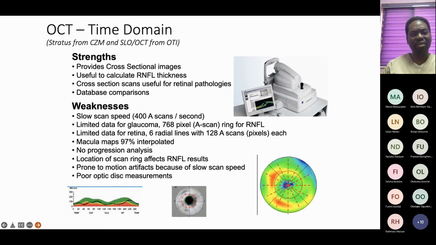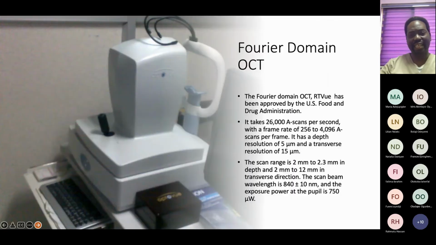However, there were a lot of issues with the speed of acquisition of the scan. It was very slow, and it had limited data for the retina, and the macular maps were not so easy to interpolate. The speed of the time domain OCT was about 400 A scans per second.